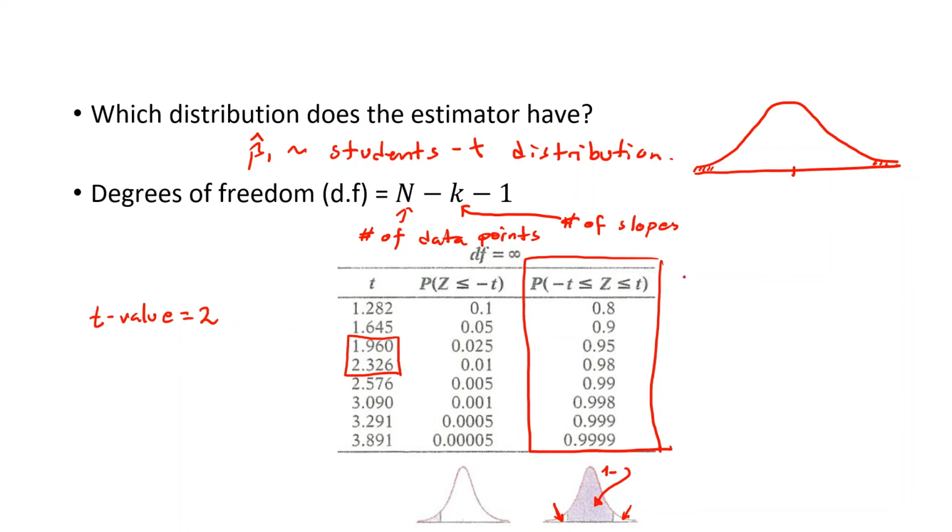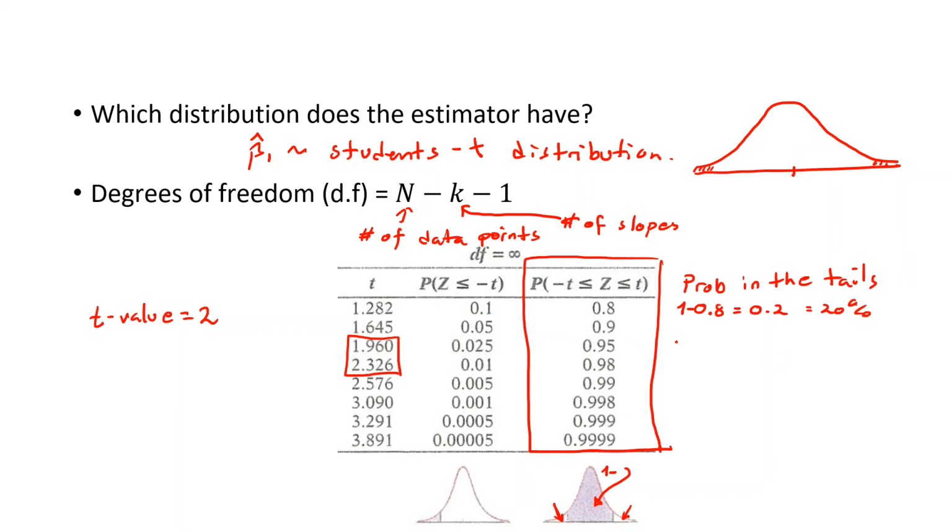So the probability in the tails equals, for example, in this case, 1 minus 0.8 equals 0.2, which is 20%, right?